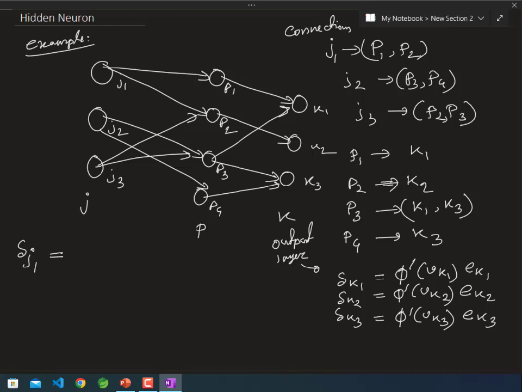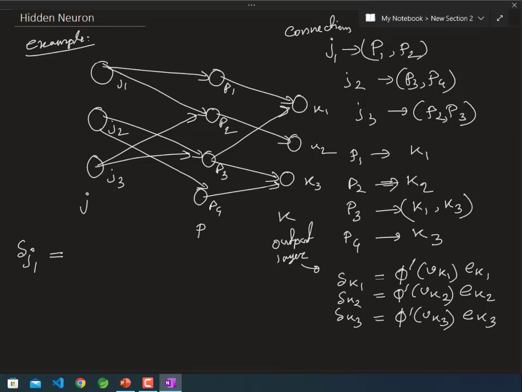So let's recap the connections: k1, k2, k3 are connected with the p layer, and the p layer is connected with the j layer. J1 is connected with p1, p2, J2 is connected with p3, p4, and J3 is connected with p2, p3. So this is not a fully connected neural network.